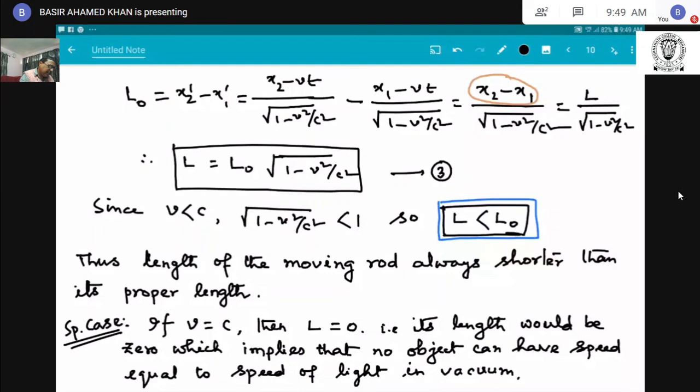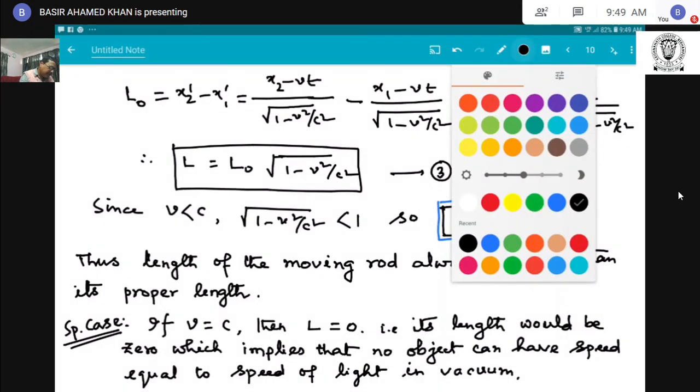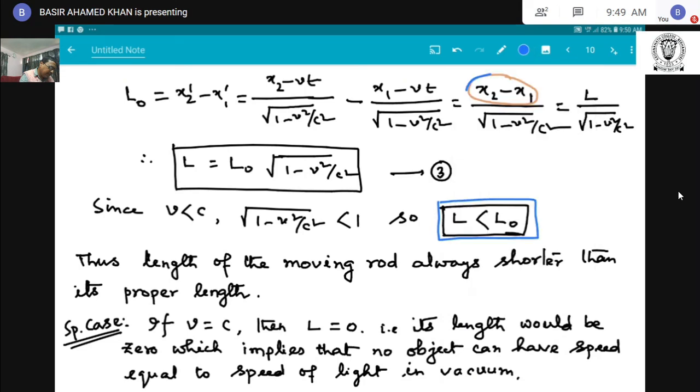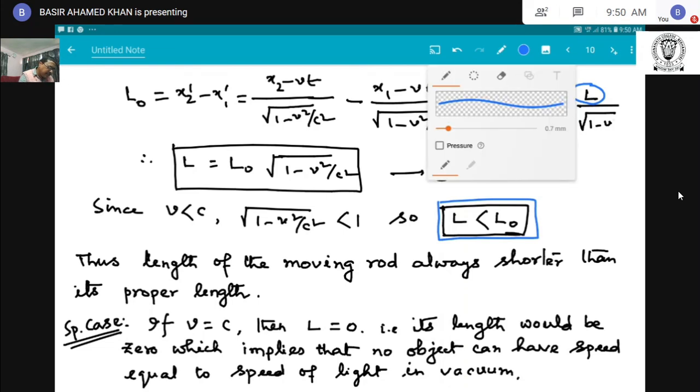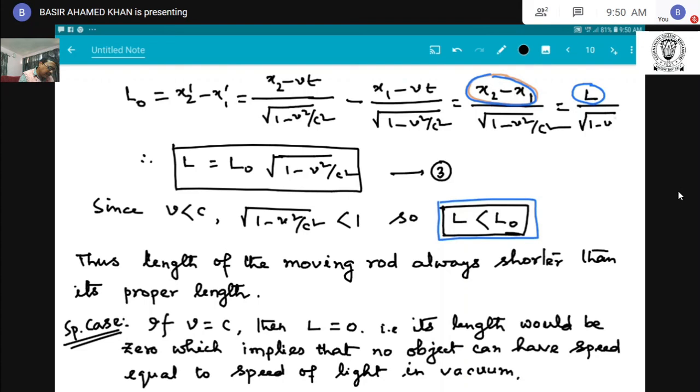x2 minus x1 divided by root of 1 minus v square by c square equals L divided by root of 1 minus v square by c square.